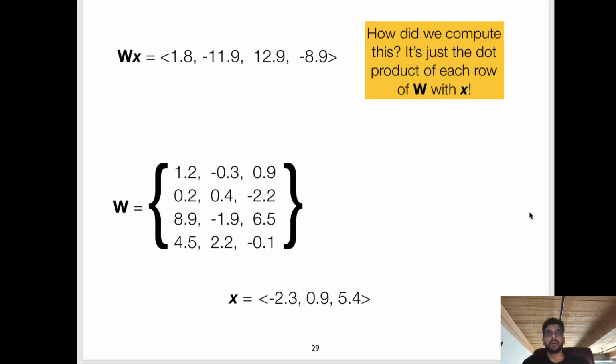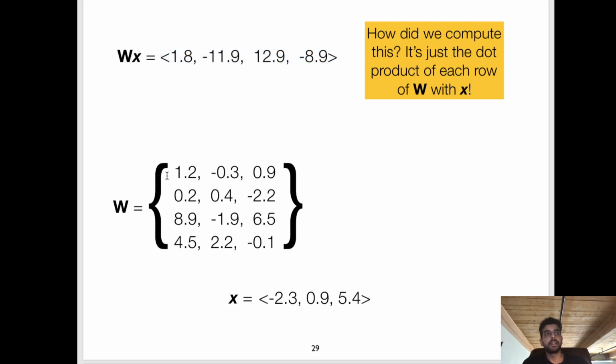Okay, so we talked about how we want to get from this 3-dimensional vector to an eventual 4-dimensional vector, which is going to form our probability distribution of the next word. So if I take this matrix vector product Wx, I get a 4-dimensional vector, right?